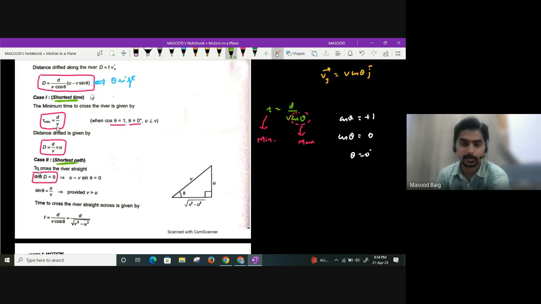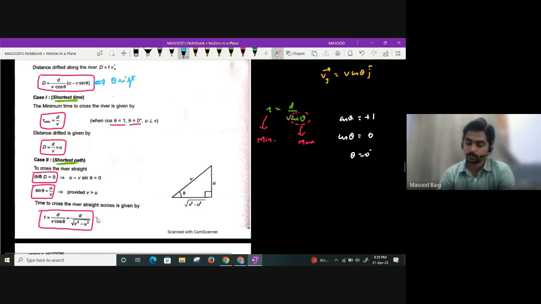Time of crossing will be d by v, and the drifting distance will be u into d by v, guys. But if I want to cross the river in shortest path, there should not be any drift. And what will sin theta value be? It will be u divided by v. And what is the time taken to cross the river, beta? D divided by under root of v square minus u square.